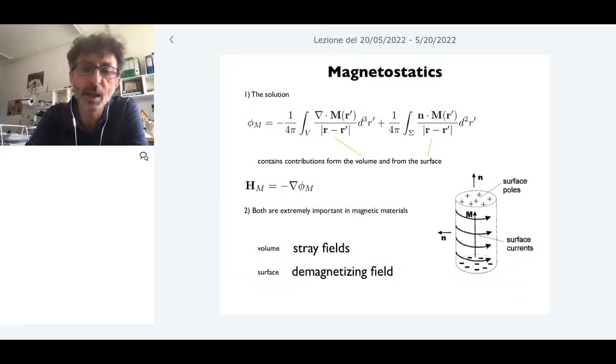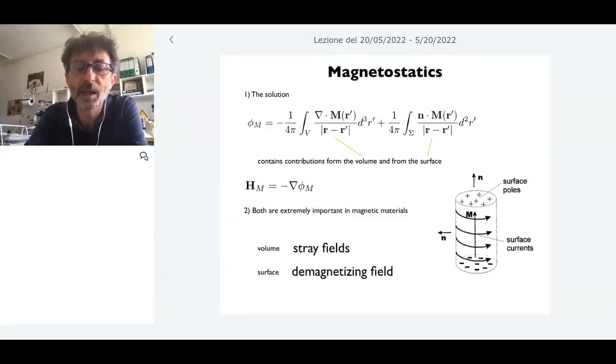But if you don't like this approach, you can think exactly in the way that I described here. So instead of magnetizing current, you can think of surface poles. So consider the magnetization uniform, the divergence, the change of the magnetization, is only at the upper and lower surface.